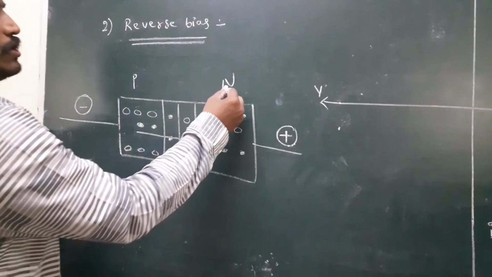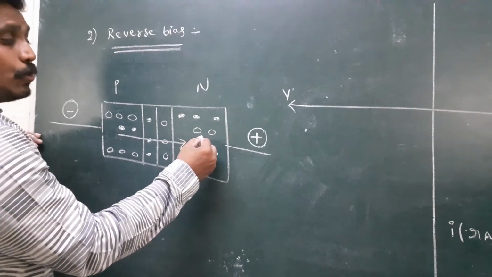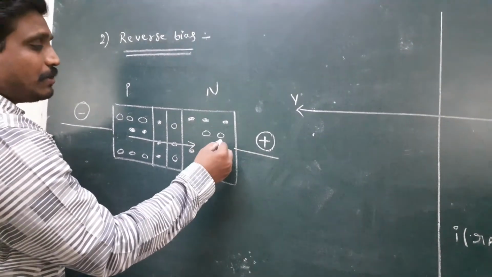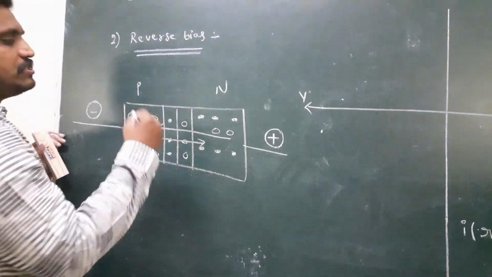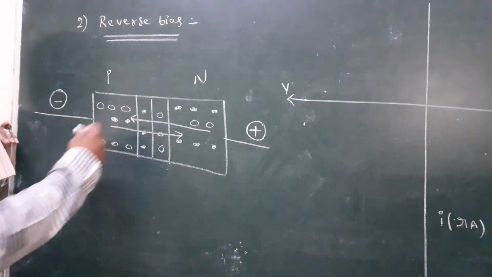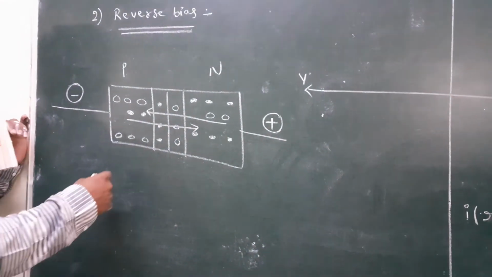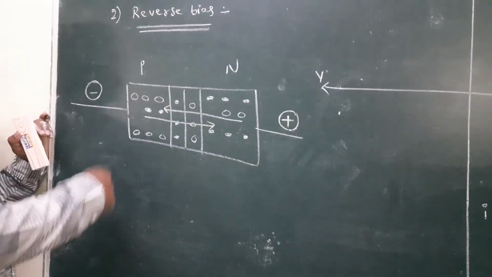Also in the n type, the minority charge carriers are holes, and this positive terminal repels holes, so holes move across the junction. For current to flow, carriers must move across the junction, that is the reason. Here minority carriers move, and here also minority carriers move.